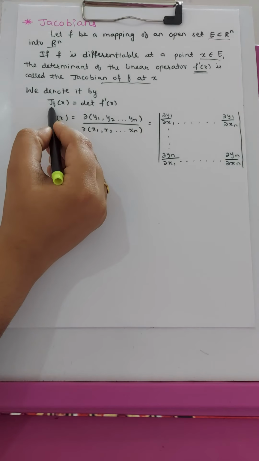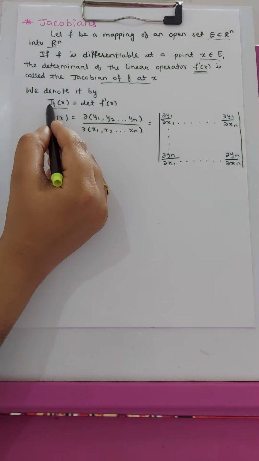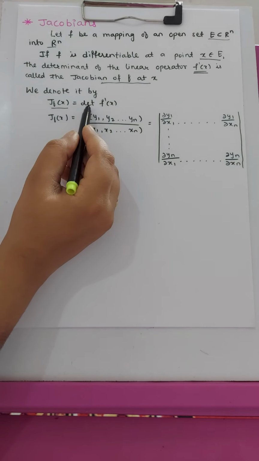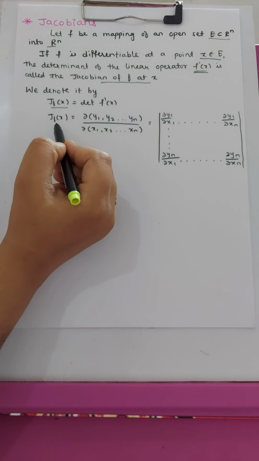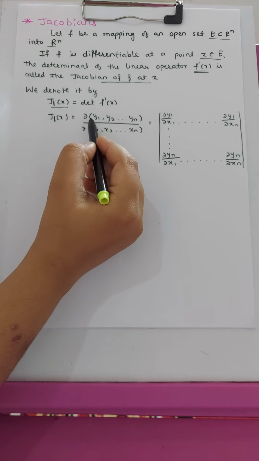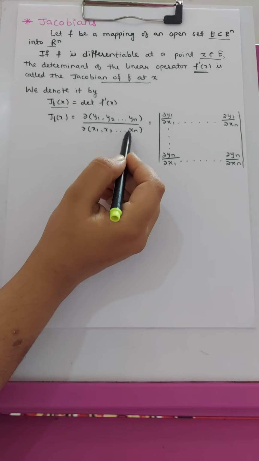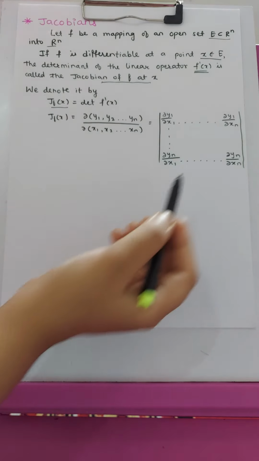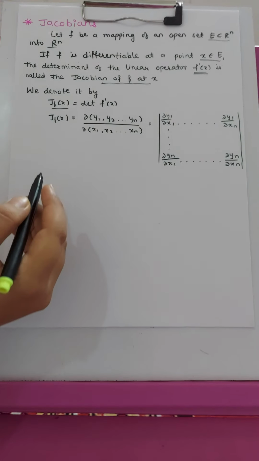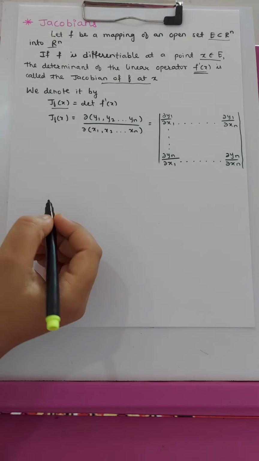It is denoted by J_f(x), which equals the determinant of f'(x), which equals ∂(y1, y2, ..., yn) upon ∂(x1, x2, ..., xn), and the determinant is defined as follows, like this.